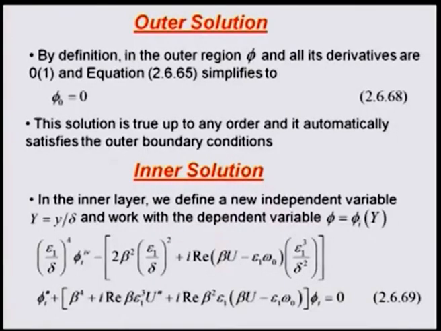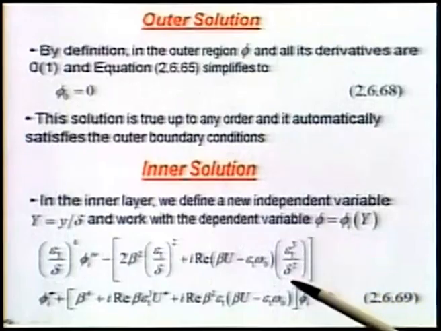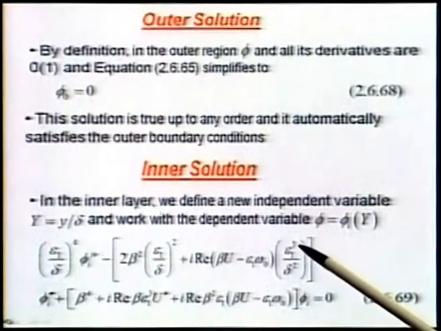Now, in doing singular perturbation theory, what you need to do is exhaust all possible combinations that you can think of. See, for example, I can note some kind of a distinguished limit appearing here, right?